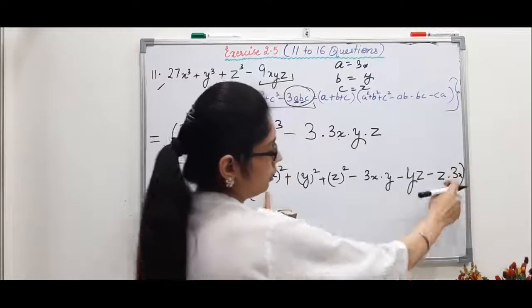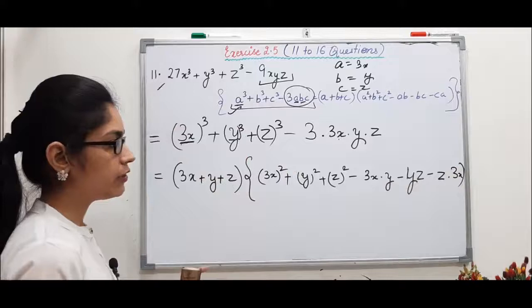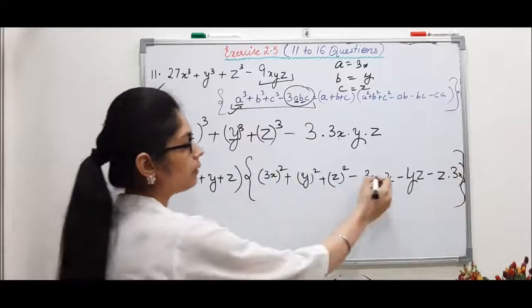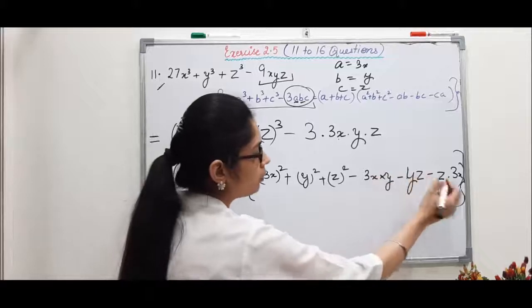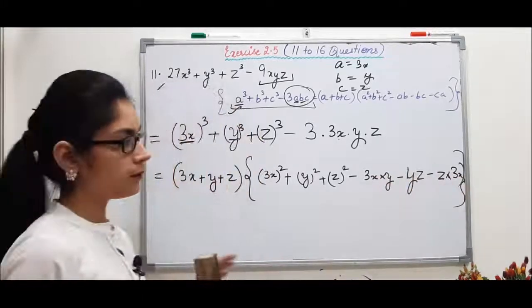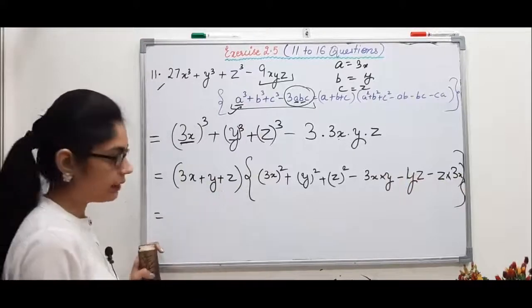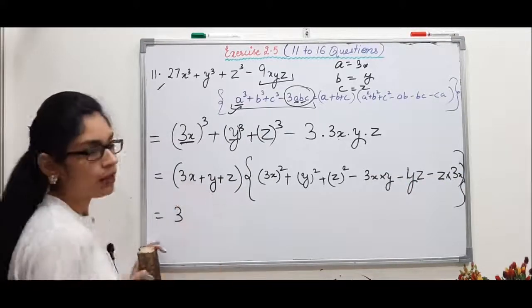This dot is a sign of multiplication, so I am writing it. If you want, you can write a sign of multiplication also. Both are the same thing. This expression we can write as it is, because all are different terms.